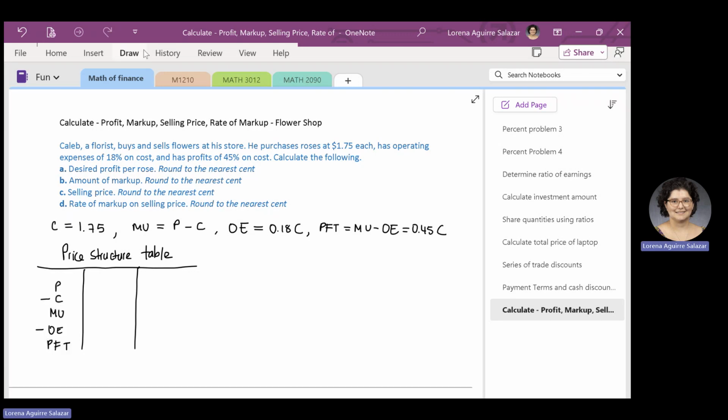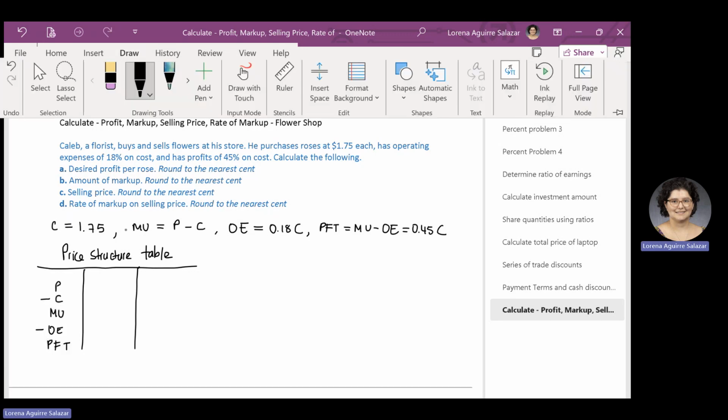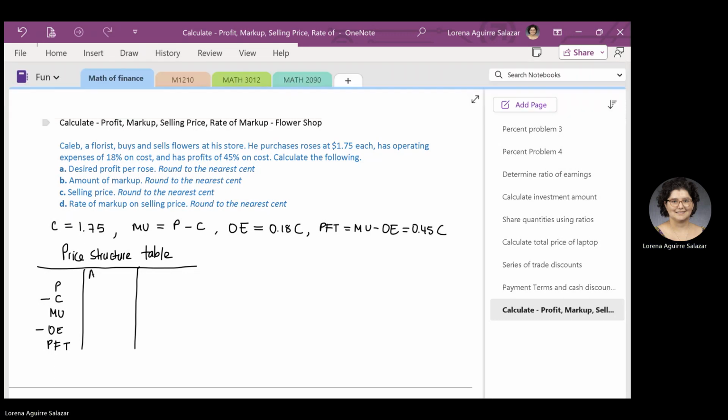Now, the first column that we write here represents the dollar value of each component. Here we have the amount of the corresponding component in dollars. And based on the information provided, C equals 1.75. So here we write 1.75.